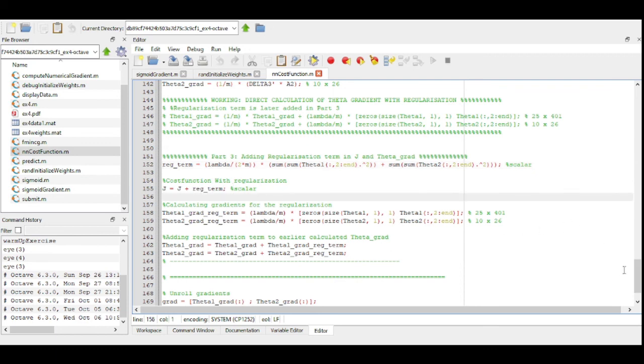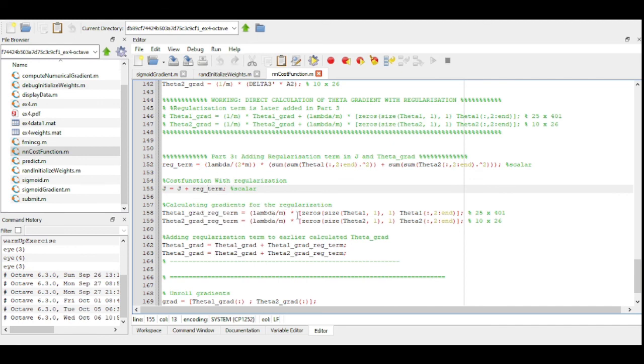And after getting this, what we want to do, we just want to find again the theta 1 regularization, like what is the gradient after adding the regularized term. So just the thing is, whatever we got theta 1 and theta 2 plus whatever the partial differentiation of this regularized term. So to get the partial differentiation of a regularized term, if we differentiate this regularized term, what we'll get?